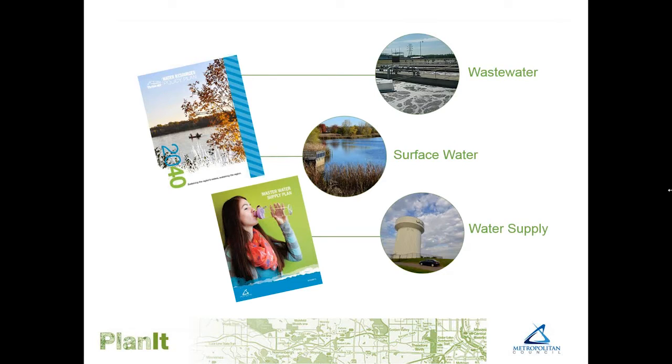Before I begin reviewing the wastewater plan requirements, I'd like to first step back and review how the current 2040 Water Resources Policy Plan is different from the previous 2030 Water Resources Management Policy Plan. The 2040 Water Resource Policy Plan consists of 3 areas of water resource related planning: wastewater, surface water, and water supply.